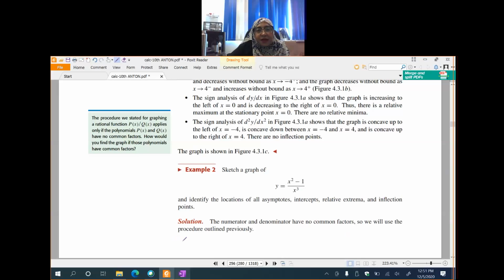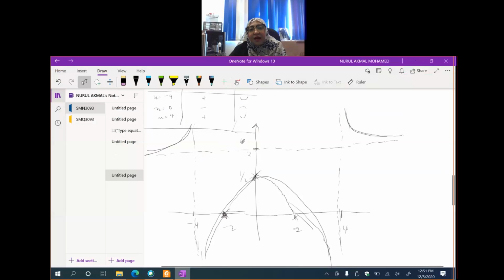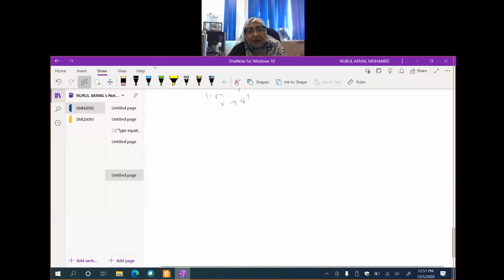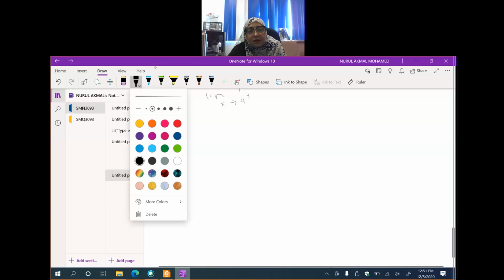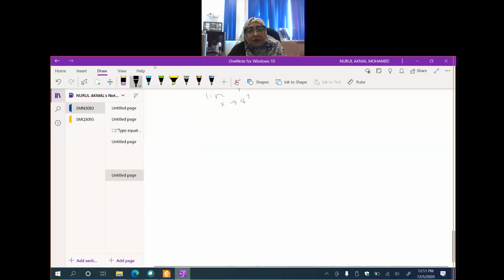Again, it is a rational function. x squared minus 1 divided by x cubed. So this is the y.